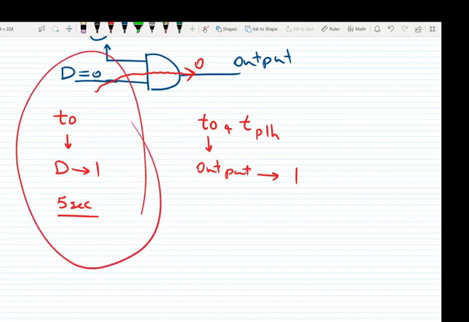The output will change from 0 to 1 at, for example, 5.0001 seconds. So not exactly at 5. There is a delay for the input to change the output. We call this propagation delay.